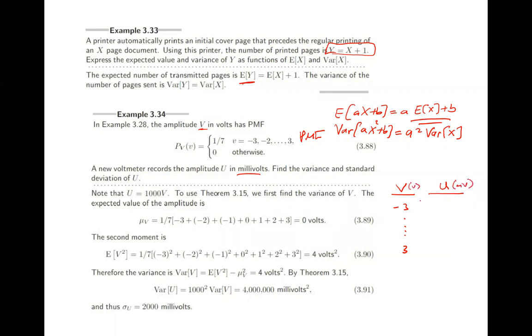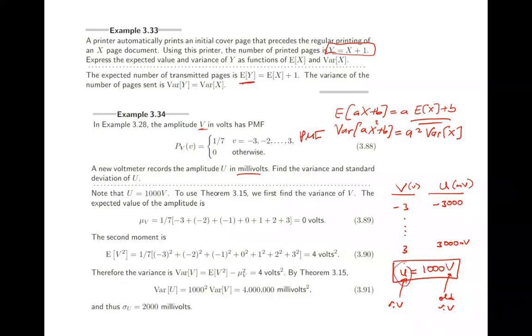So minus 3 volt is equal to minus 3000 millivolt. So 3 volt will be 3000 millivolt. So we can write U as 1000 times V. Okay, this is our new random variable. This is the old one. This is the new one, so the derived random variable.